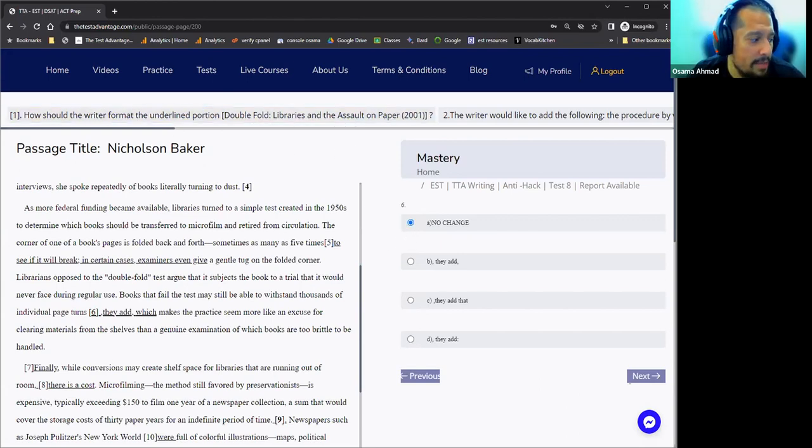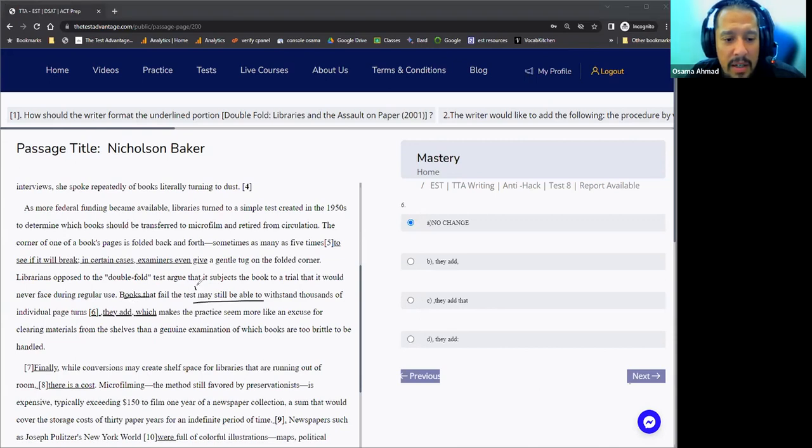So مش عارف مين قال لي إجابة A. يوسف قال لي إجابة A. مش عارف مين تاني قال لي إجابة A. Here we have an independent idea. They add is a non-essential clause. ده مش فكرة. That's, it's extra information. And then a dependent clause. So answer A is the correct answer. لو قلت لي إجابة A.